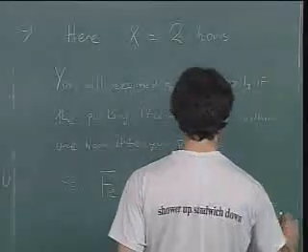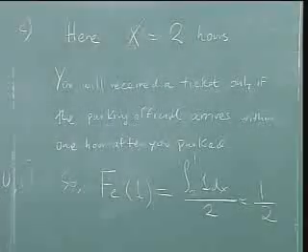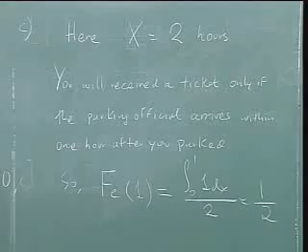So the probability that you get a ticket is exactly 1 over 2. Or you could also immediately say that it's uniform on 0 to 2, and substitute 1 here and 2 here.